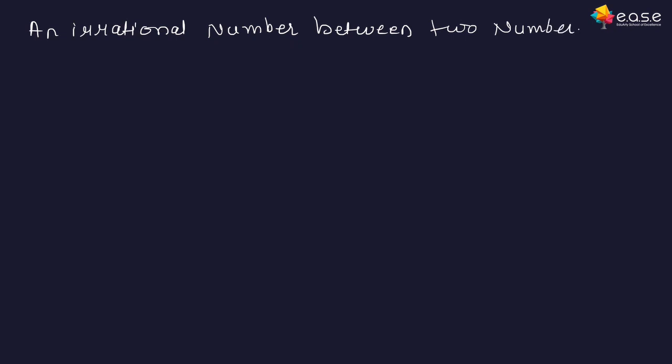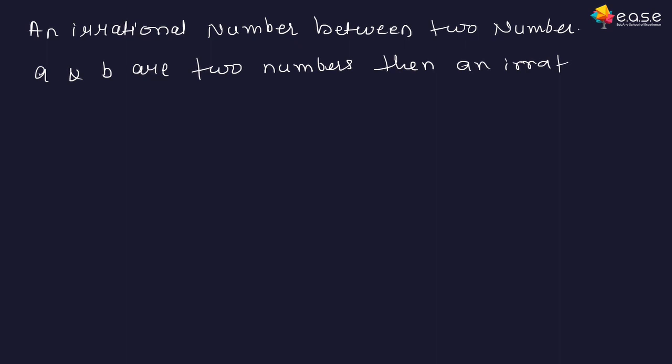Suppose a and b are two numbers, then an irrational number between a and b will be root of ab. Correct? An irrational number between a and b is equal to root of ab.